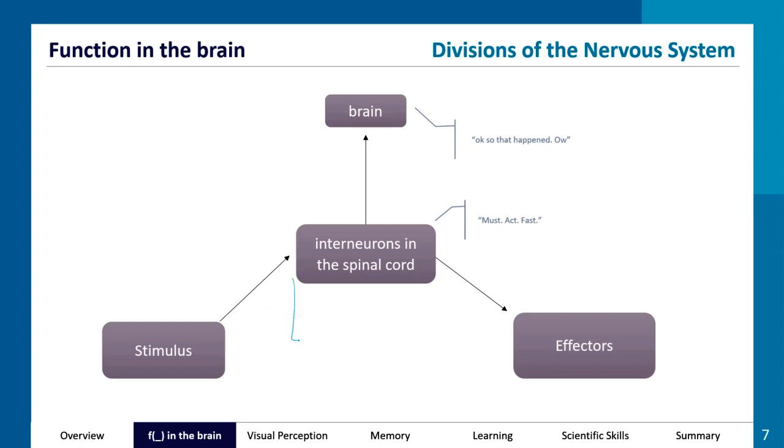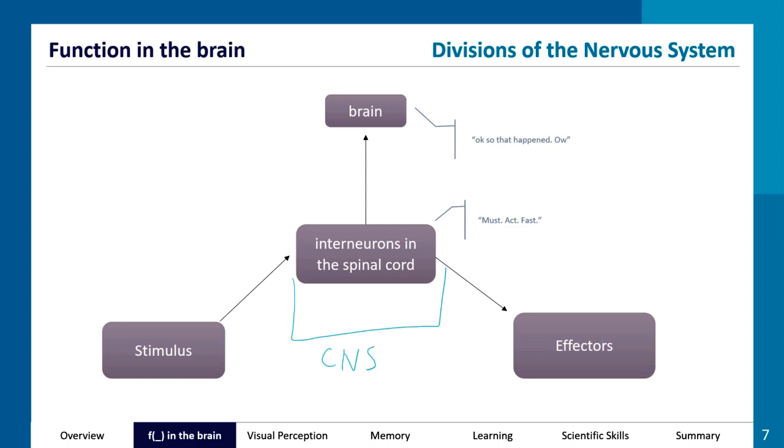It goes to this point, where everything in this box is in the CNS, and rather than sending the message up to the brain as the spinal cord would usually do, the interneurons in the spinal cord intercept this message and make the decision: okay, we're initiating a spinal reflex now, and actually send out instructions to effectors themselves.